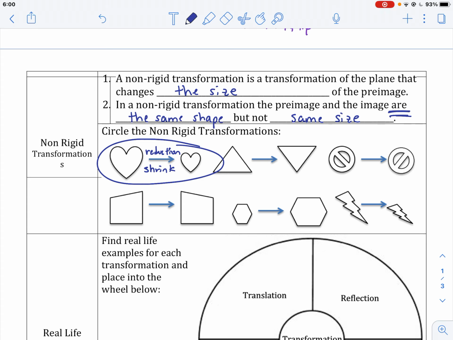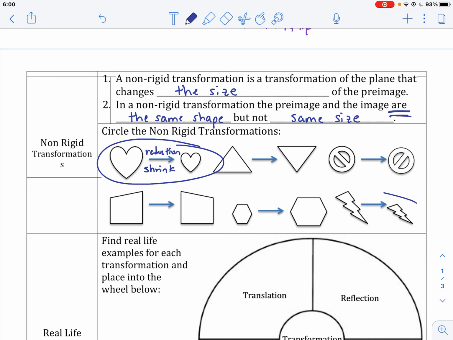In the second one, the triangle is in a different orientation, but it's the same size. So we have not dealt with a non-rigid transformation here. In the third one, the sign is in a different position and orientation, but it's not a different size. So it's also not a non-rigid transformation.